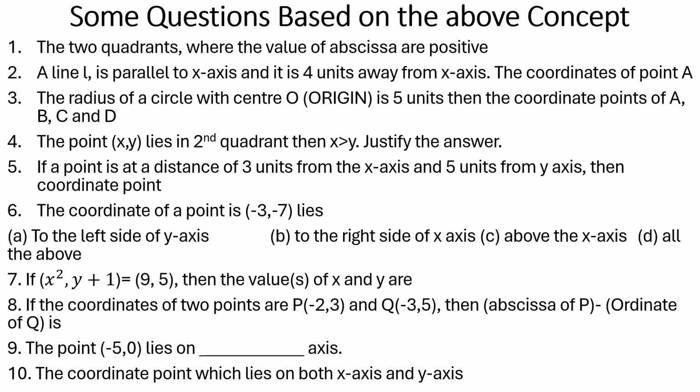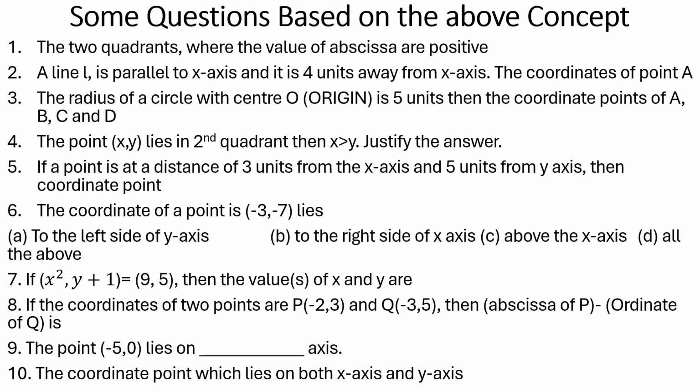The first question: two quadrants where the value of abscissa is positive. Of course, which is in my first and fourth quadrant. Next, a straight line is parallel to the x-axis and it is 4 units away from the x-axis.